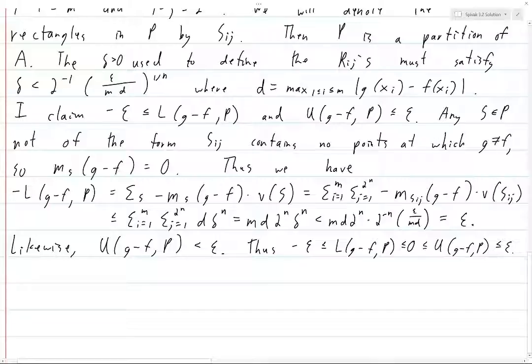So such a P exists for all epsilon, and so then if we take the supremum over all L of G minus F, P, we know that given any epsilon, we can find a P such that L of G minus F, P will be greater than or equal to, wait, so I guess this is technically strict. It doesn't need to be strict, but it is.